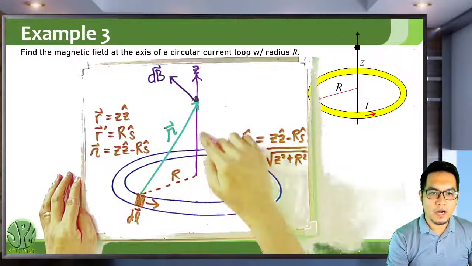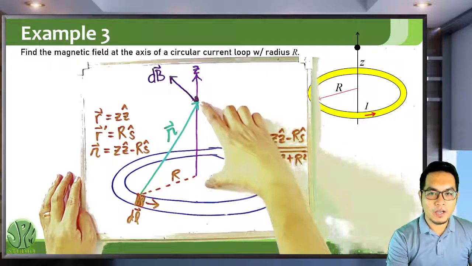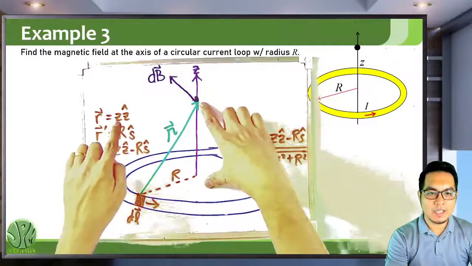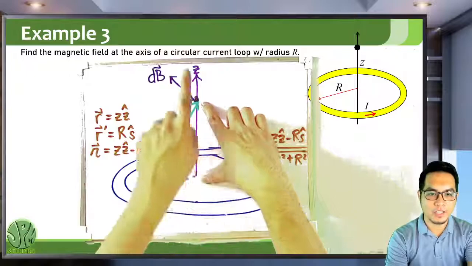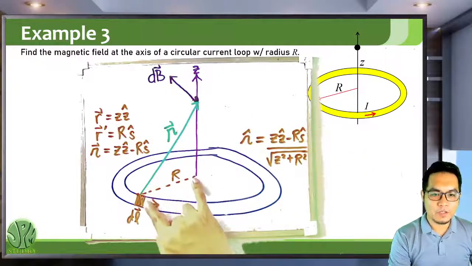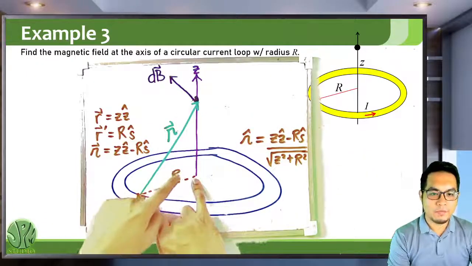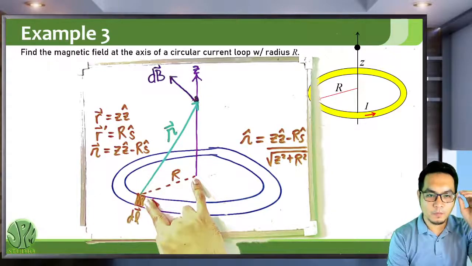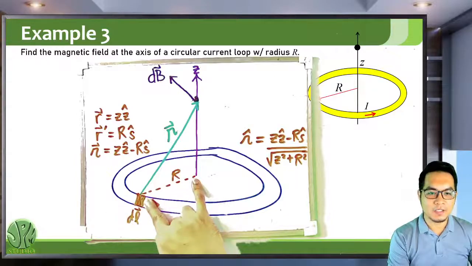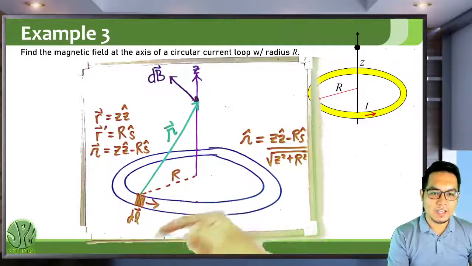This is our r. So our r here is clearly z hat. It has a magnitude of z and direction of z hat. Our r prime here has a fixed magnitude r, the radius of the loop, and its direction is s hat. So that is the s hat direction.